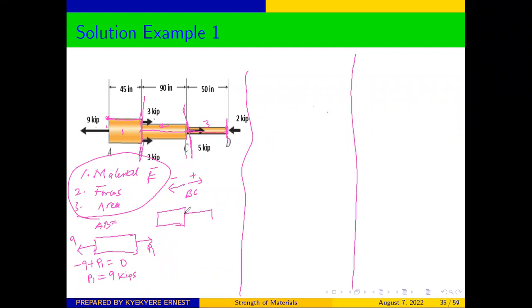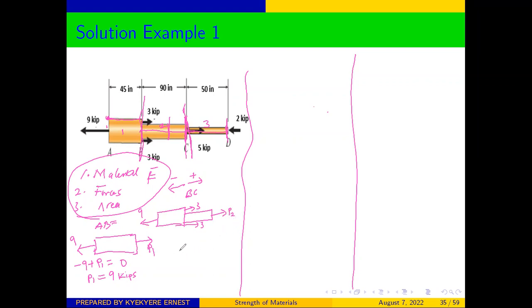There's a change in diameter. This is 9 going this direction, we have 3 going this direction, this is also 3 going that direction. And to every action there is an equal and opposite reaction, at the point where we are cutting. So our internal force in BC, we can call P2.